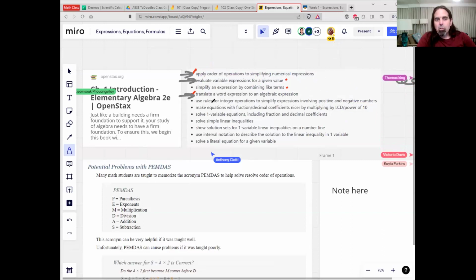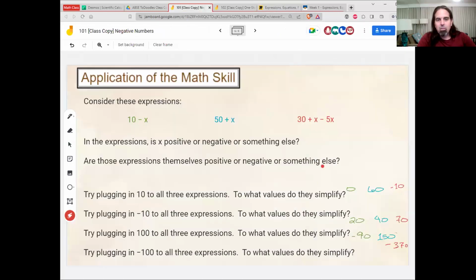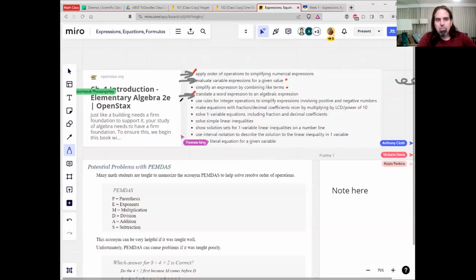Using rules for integer operations to simplify things with positive and negatives. We just did that, this page here. Make equations with fractional and decimal coefficients nicer. We haven't done that one yet, nor have we done any of the others. So this is where we are at 6:30 on our second day together. Everyone okay?